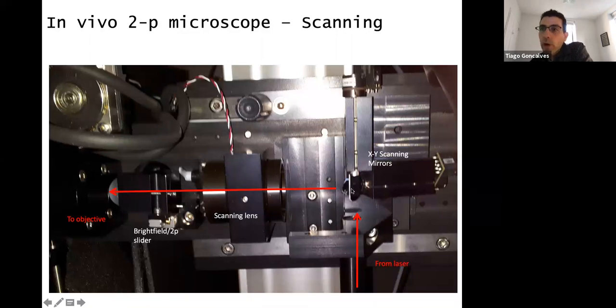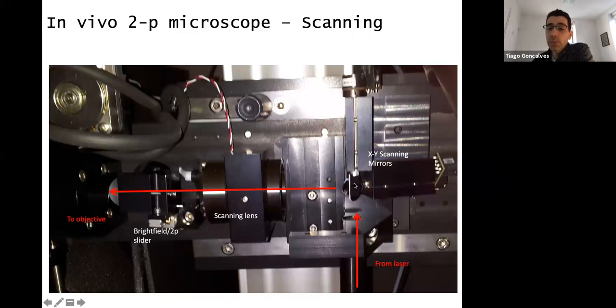And this is actually where your scanning mirrors are. One thing: a lot of two-photon microscopy courses actually have you disassemble and reassemble your own microscope, and you realize that it's a very simple system. These are galvanometric XY scanning mirrors.